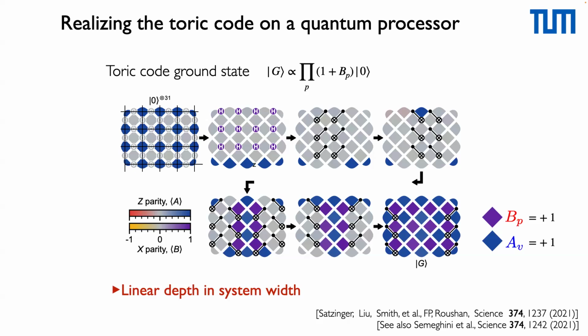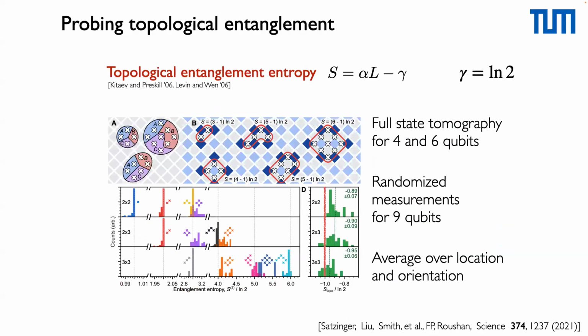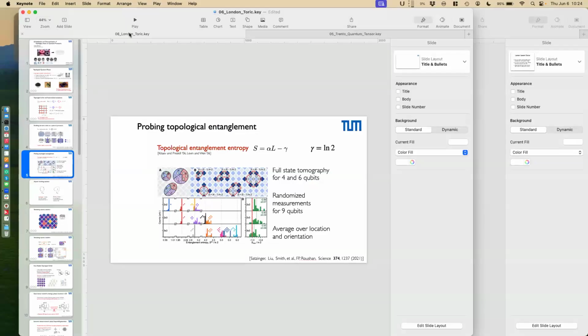Good, right? So what we now have is an algorithm that allows us to prepare the ground state of the toric code Hamiltonian.